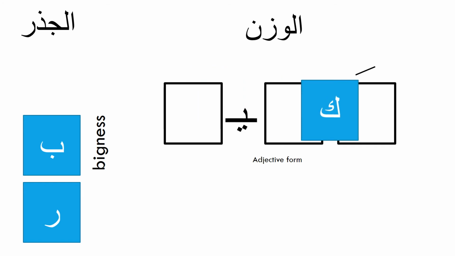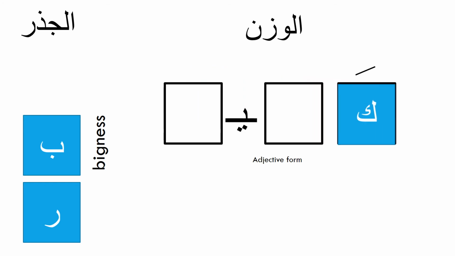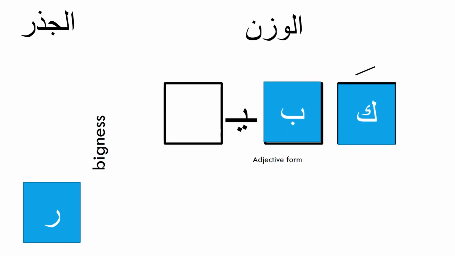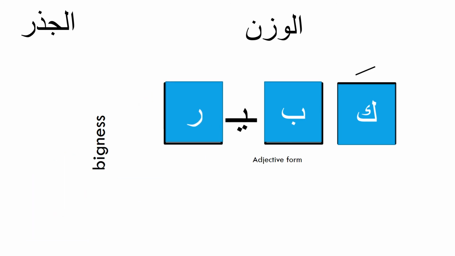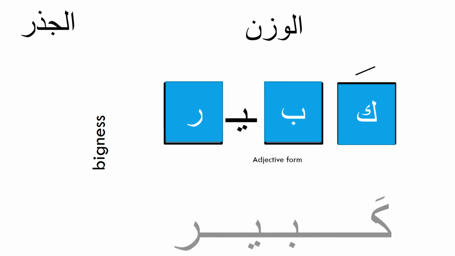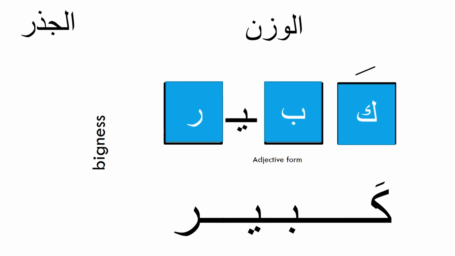We slot our ka into the first slot, our ba into the second slot, and our ra into the third slot. And see, we have this nice little template here. Now if we were to write this down underneath and actually connect all of the letters, we would have kabir, an adjective meaning big. We have bigness, the general idea of bigness, and we have an adjective form, and we have the adjective big.